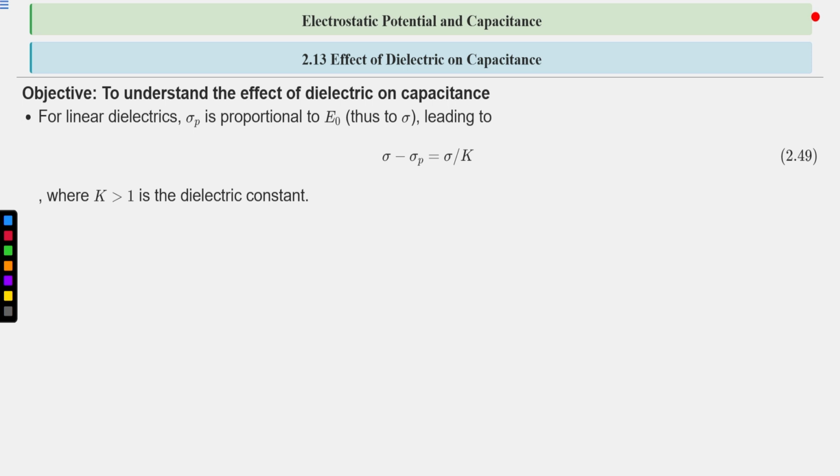Where this expression holds and the net dipole moment is in the direction of the electric field, they are called linear dielectrics.